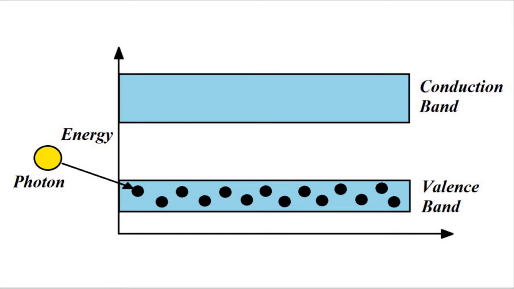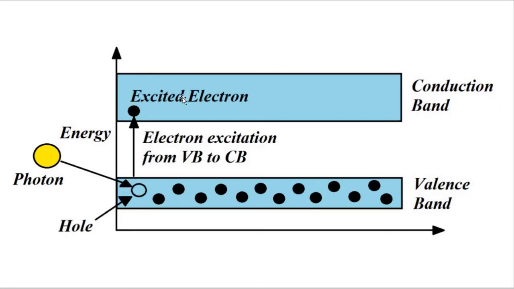When light falls on the material, the electrons in the valence band absorb the light photons and they excite, or move, to the conduction band, leaving behind a vacant electronic site. It creates an electron hole pair.